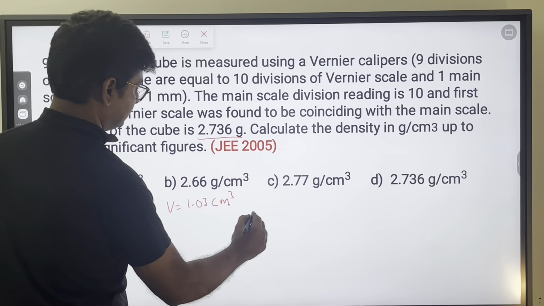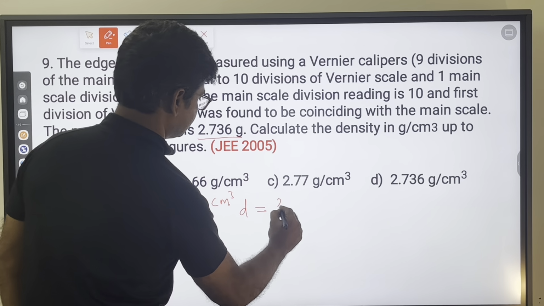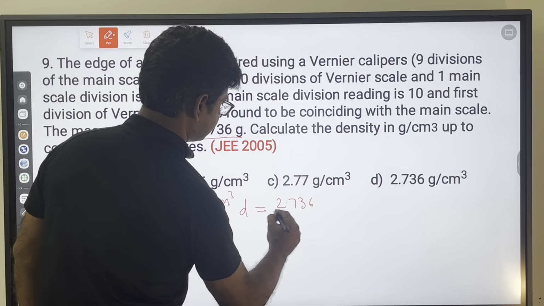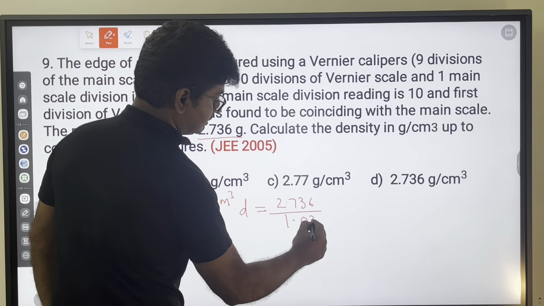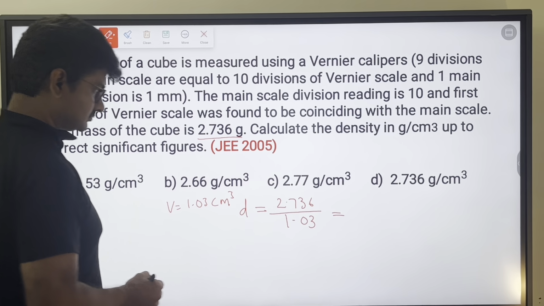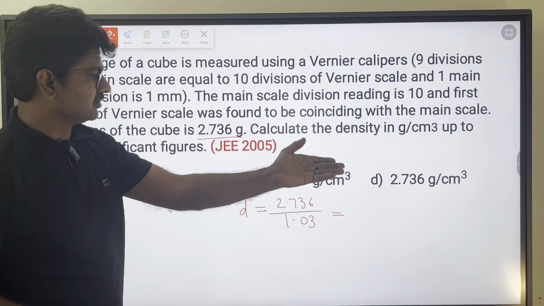So we find the density. Mass is given, so density is mass by volume. Mass is 2.736, and the volume is 1.03. Because 2.5, 2.6, 2.7 are all close values here.